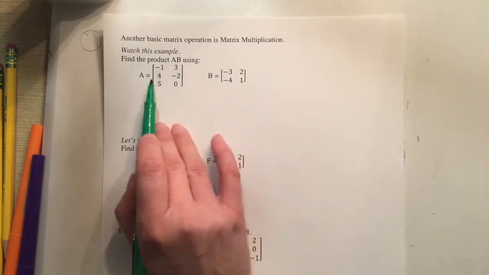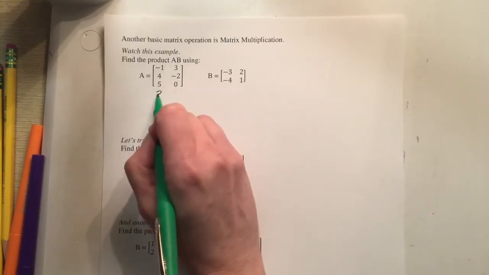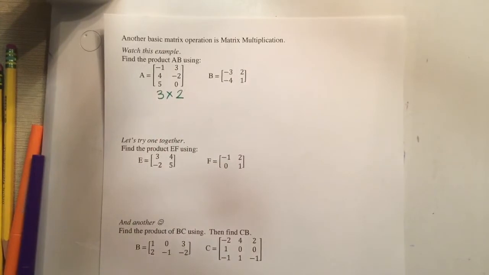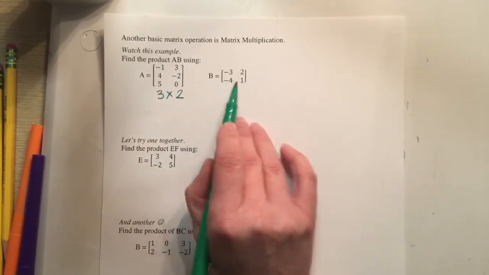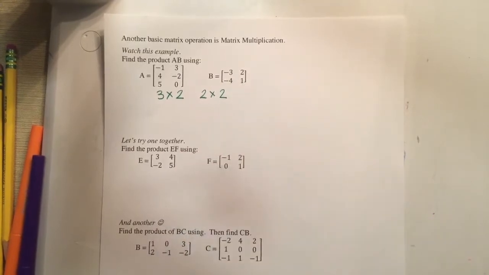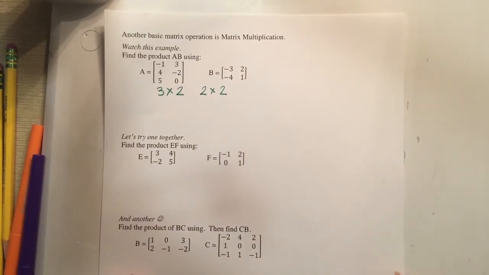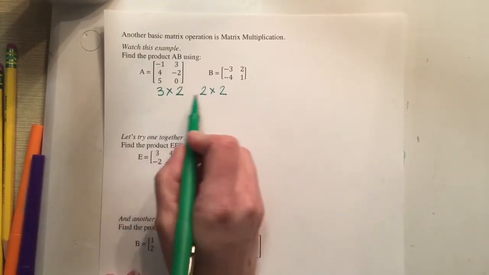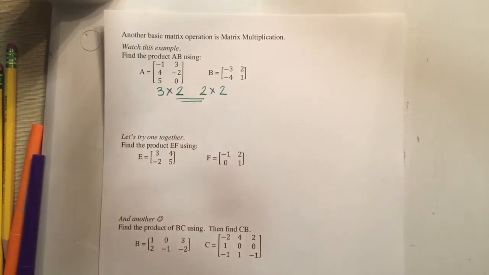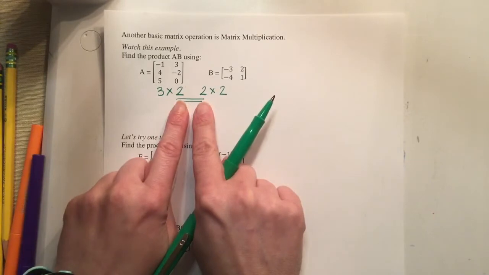A is 3 rows by 2 columns. B is 2 rows by 2 columns. In order to multiply matrices, when you write out the dimensions, the middle two numbers have to match, like ours do. The 2 matches with the 2.